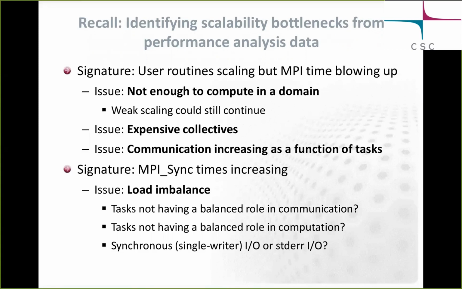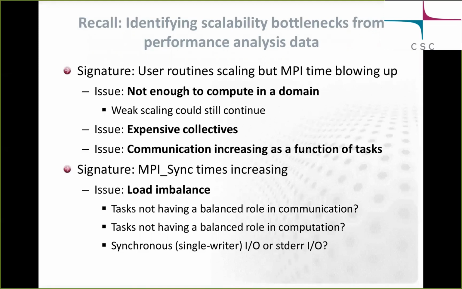So we discussed this in the first part. What kind of fingerprints would you like to see from the performance analysis data? A typical thing is that when you double the number of cores, the computational routines, so the real work, do scale.